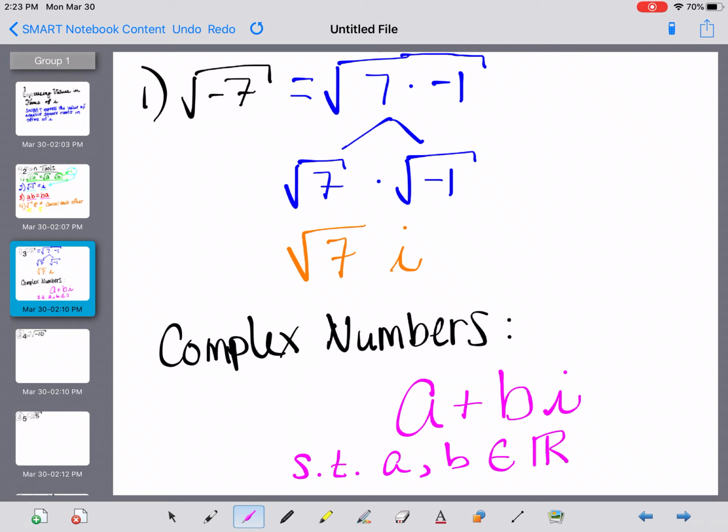Well, they're actually real numbers. They don't have to be rational. They can be irrational. So they're actually real numbers. Okay, so that's what all of our answers should look like, a plus bi, where a and b are some kind of numbers, whether they're square roots or otherwise. So this right here matches our form. Let's keep going.